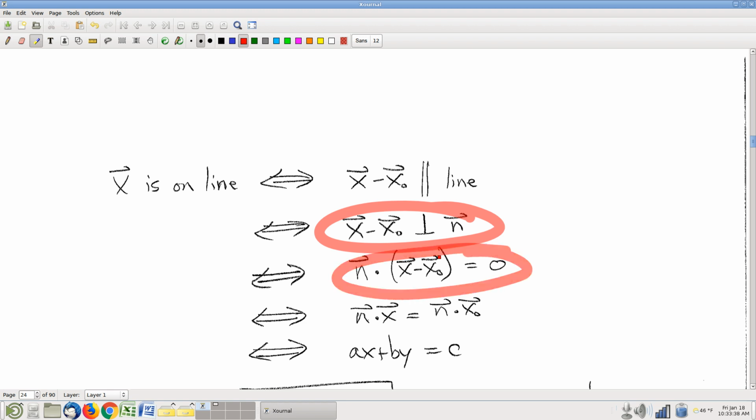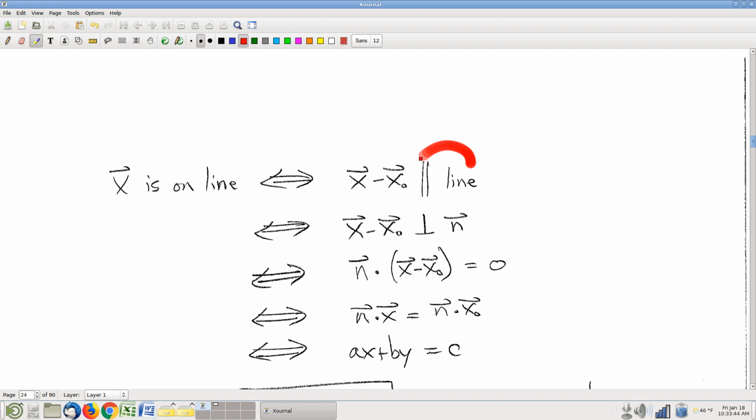This is where the magic happens. We have now transitioned from geometric statements that are hard to test into an algebraic statement, which is easy to test. If these things are given numerically, then I know how to test. Punch up this arithmetic, see if you get 0 or you don't get 0. Snap.